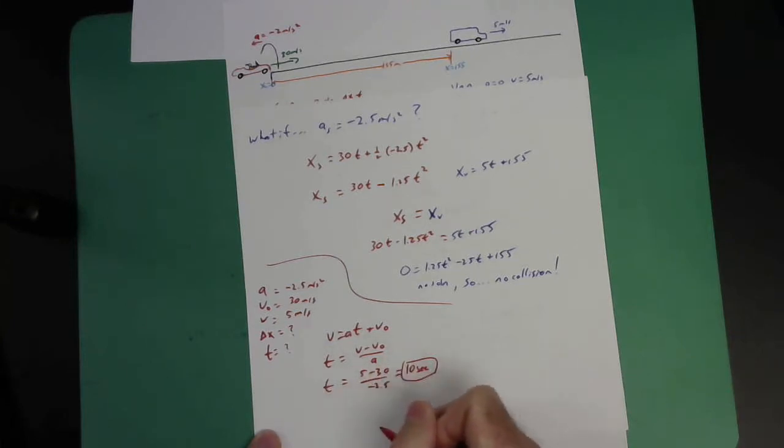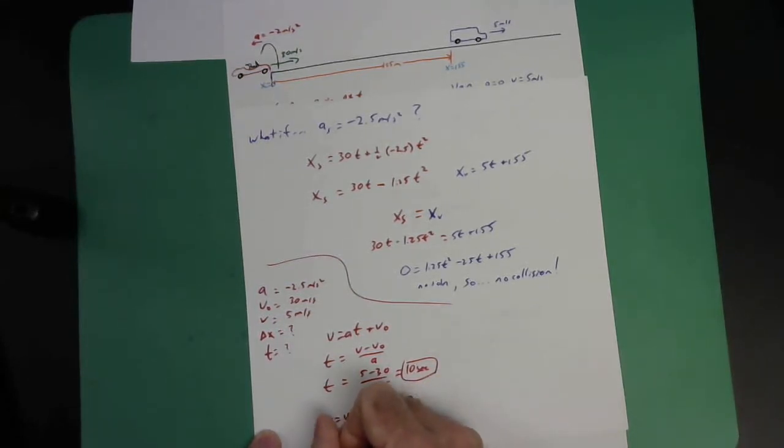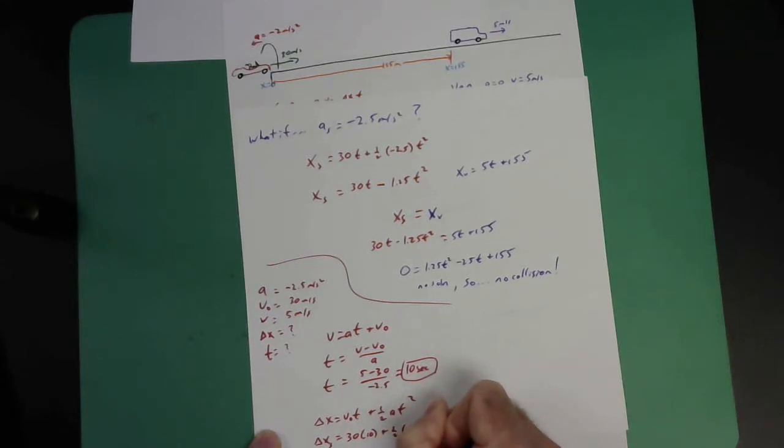All right, here we go. Let's find how far she has gone. We'll go ahead and use delta x is v naught t plus 1/2 a t squared. Why not? And so we'll find that Sue has gone initial velocity of 30 times 10 plus 1/2 times negative 2.5 times 10 squared, right? So that's going to be 300, and then 100 times minus 1.25.